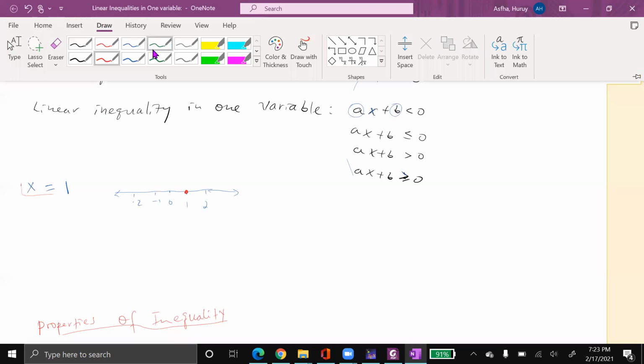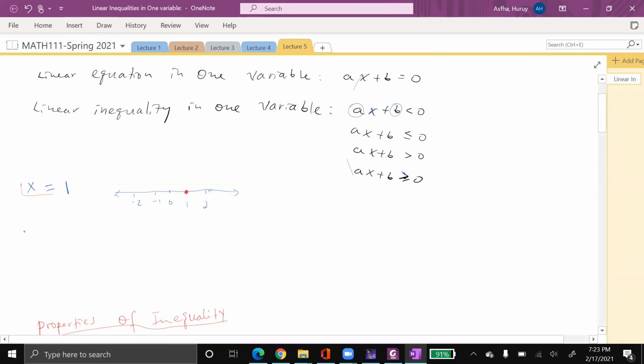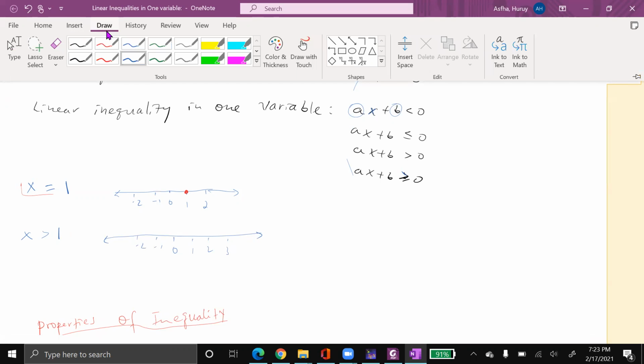Now, how about if I have x greater than 1? Which numbers from this number line make it true? If I have 0, 1, 2, 3, and here we have the negative numbers.